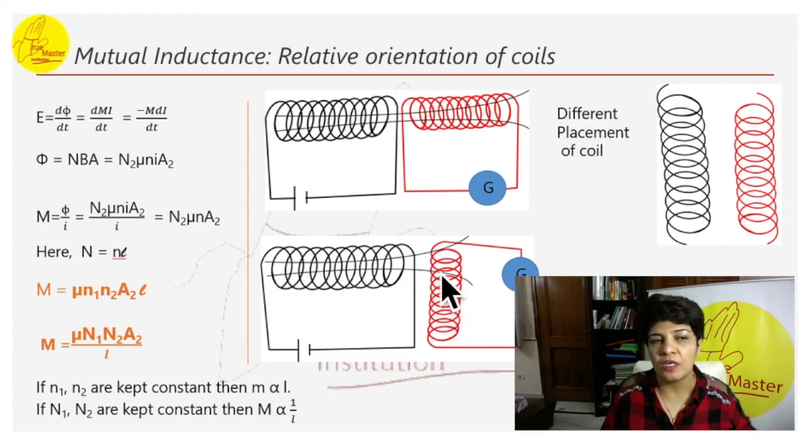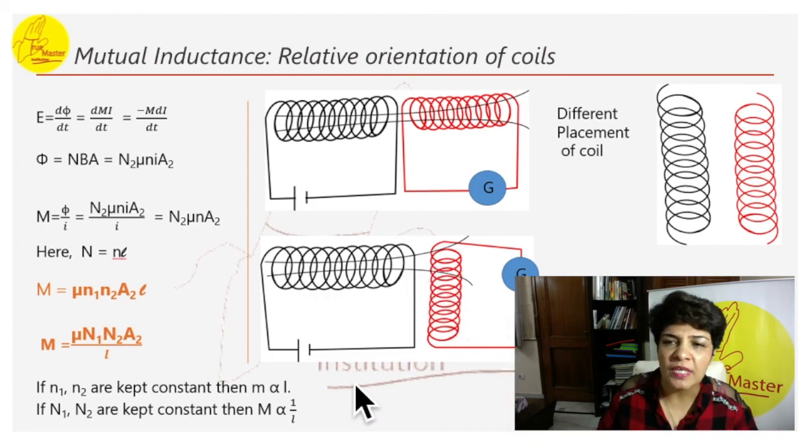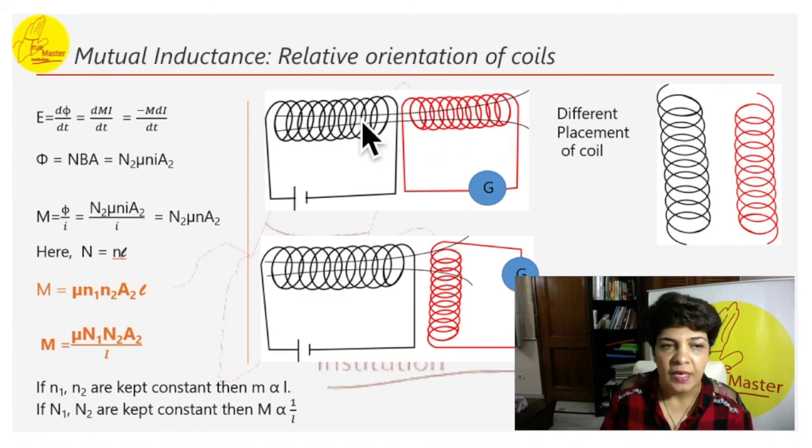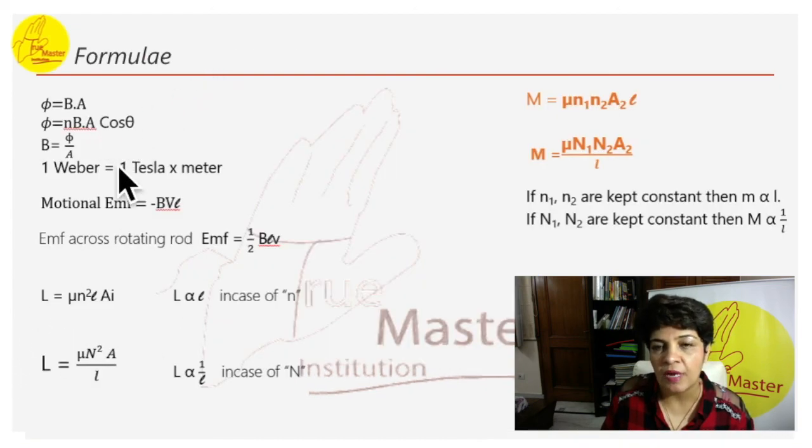Mostly we are going to do the explanation in this form, where we can see the effect from one or the other. Any change in current I sets up an induced EMF in the secondary coil, which is given by this. We have studied this part all together, and here the unit for 1 Weber is 1 Tesla into meter squared.